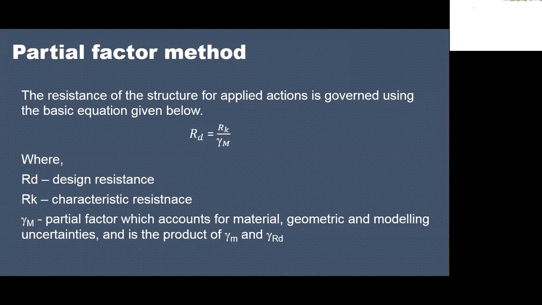Then the characteristic resistance is the value that you obtain from the analysis, and then the design resistance is a value that you obtain from the characteristic resistance by dividing it by a factor called gamma m, the partial factor, which is less than 1.